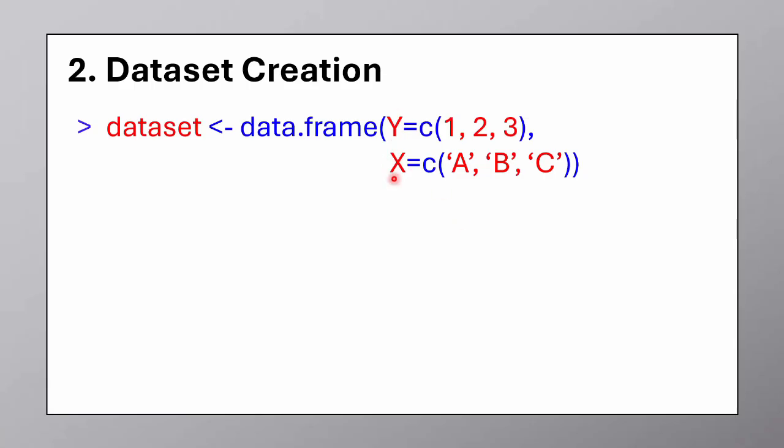So I'm just going to call this Y and this X, and then you're going to make a concatenation, the c function, and then whatever your actual variables in the column. Those are going to be the rows. Here, this is a very small one, just 1, 2, 3, and then if it's a category, if it's strings, like A, B, and C. And so that's the general format.